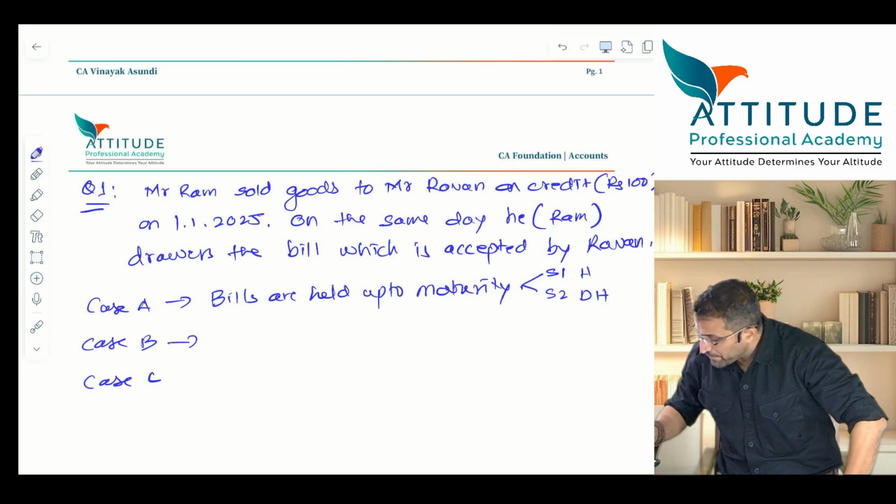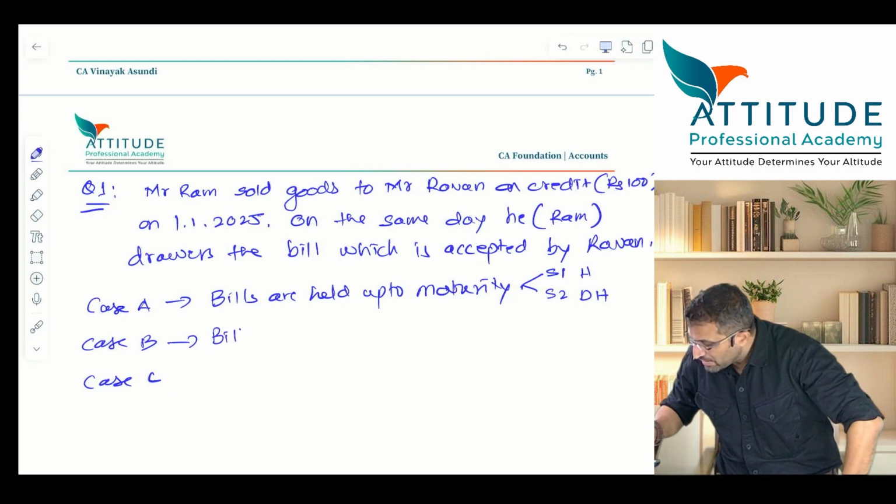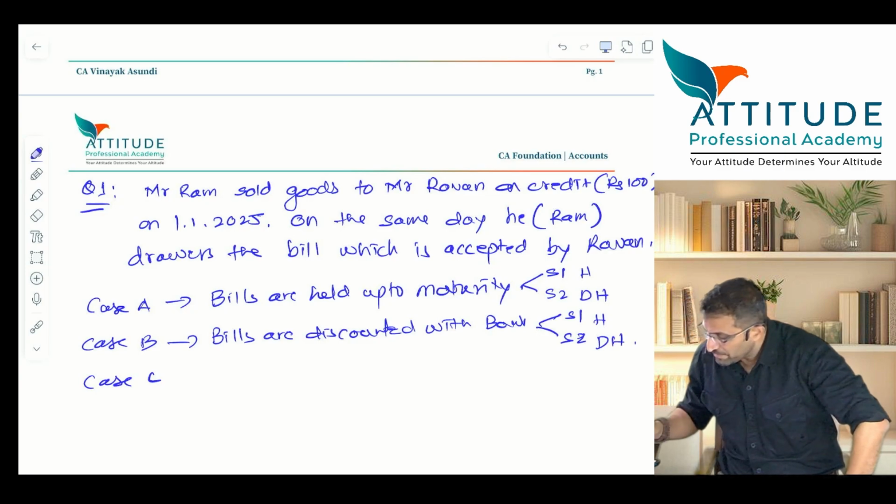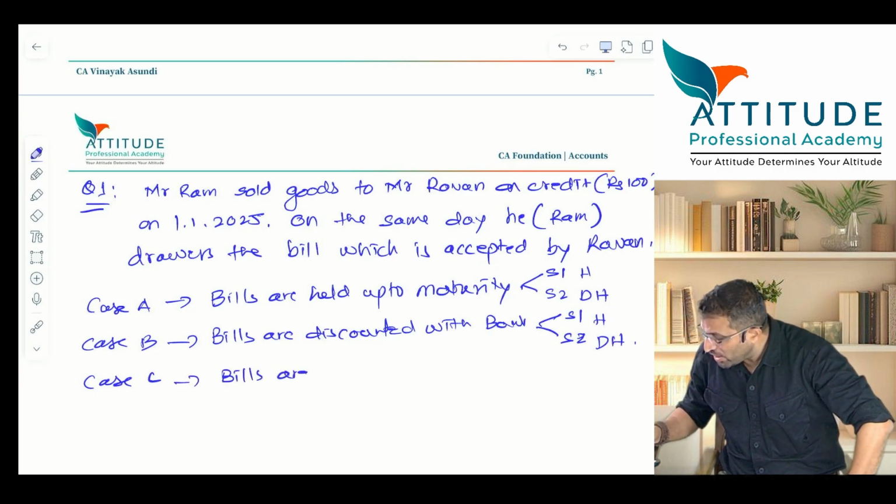Similarly, case B, bills are discounted with bank. And here also situation 1, situation 2, honored as well as dishonored. Case C, bills are endorsed.